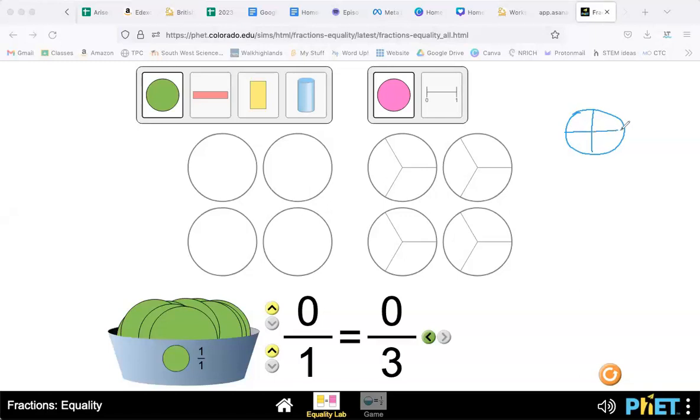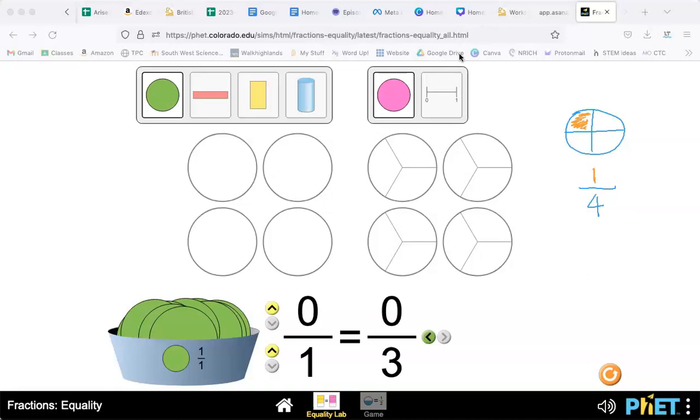So we started off with one whole circle, and we've split it up into 4 parts. Now, if I colour a part in, we've coloured in 1 part, so that's 1/4, 1 part of the 4, and that's the whole.